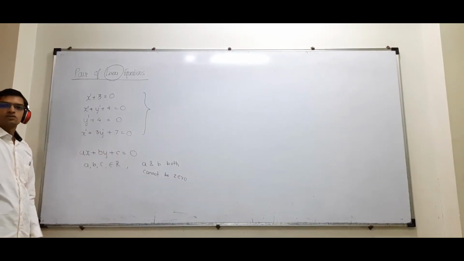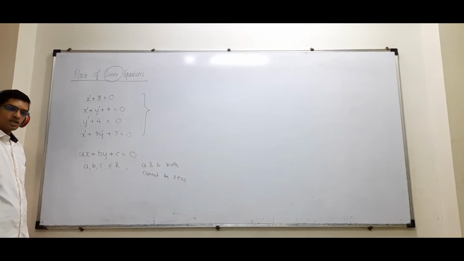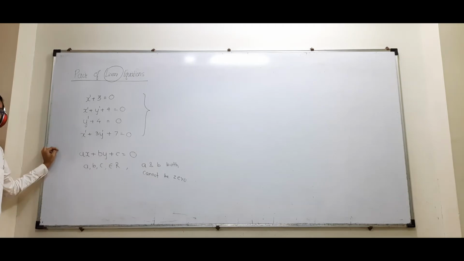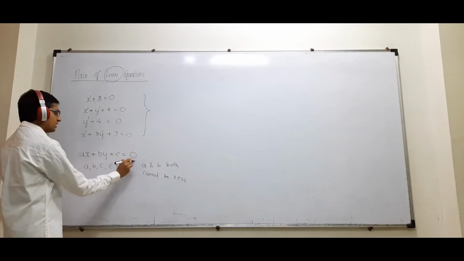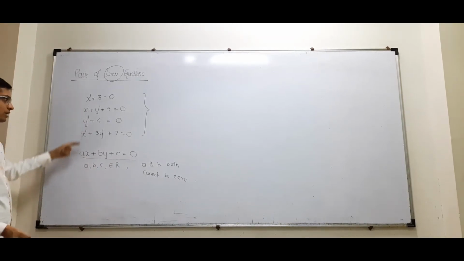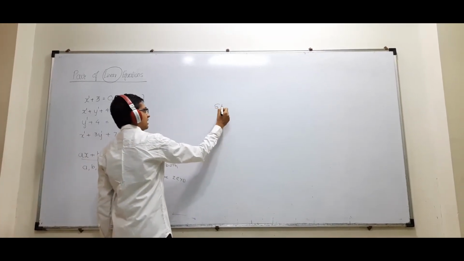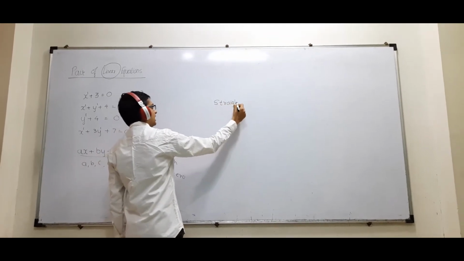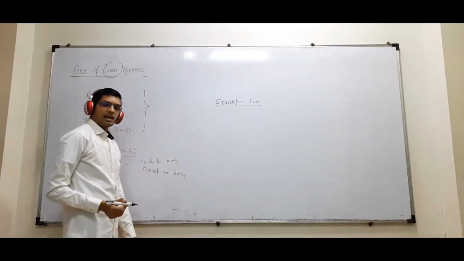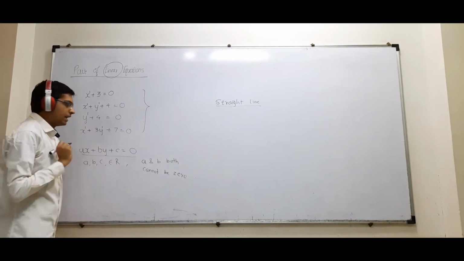Such an equation is called as linear equation. Since there are two variables, it is called as linear equation in two variables. If I draw a graph of any of these equations, I always get a straight line. Any linear equation always ends up with a straight line on the Cartesian plane.